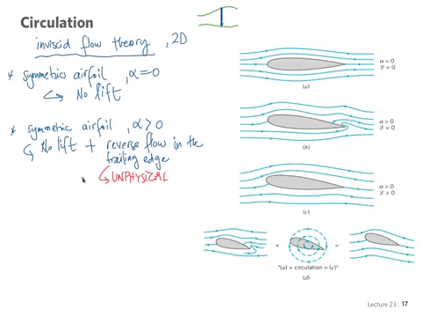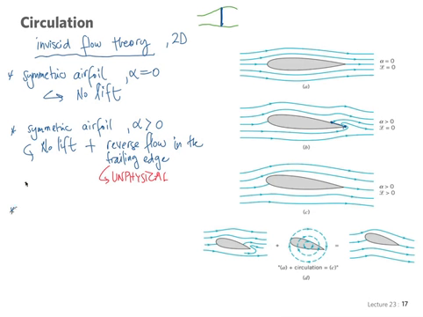And so this is not realistic, and the way to reconcile this problem is to impose a circulation in the flow, the same as we were discussing in the beginning for the circulating cylinder. We hypothesize the presence of a circulatory motion in the fluid such that the circulatory motion is able to increase the velocity at the top, decrease the velocity at the bottom, so that the stagnation point moves to the trailing edge in this ideal case.